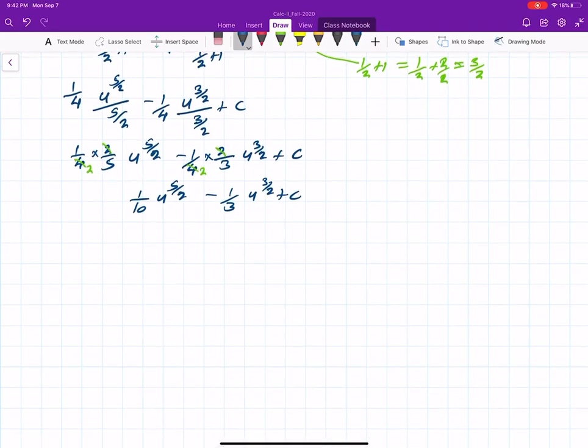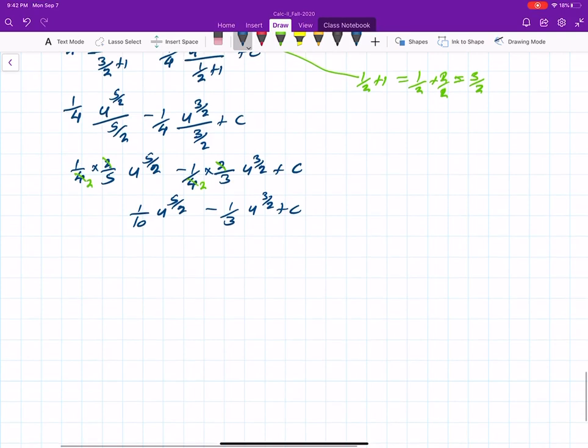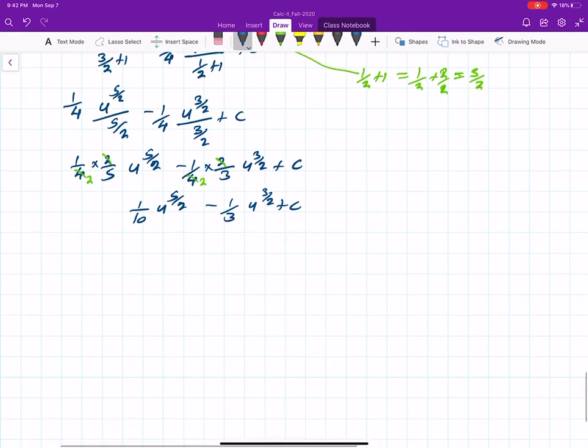Alright, now you can find the common denominator. Give me a second, I made a small mistake here. Let me get this out, and actually this should be 2 times 3, which is 6. So this should be 1 over 6.